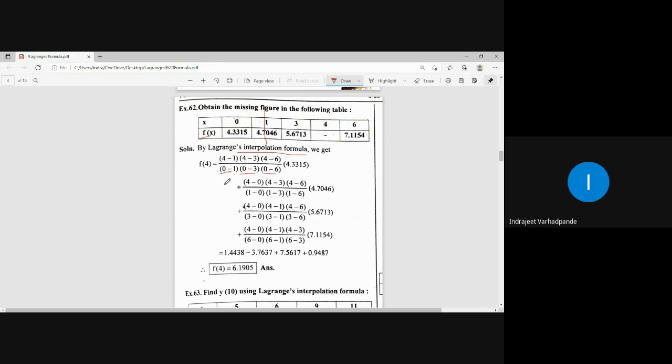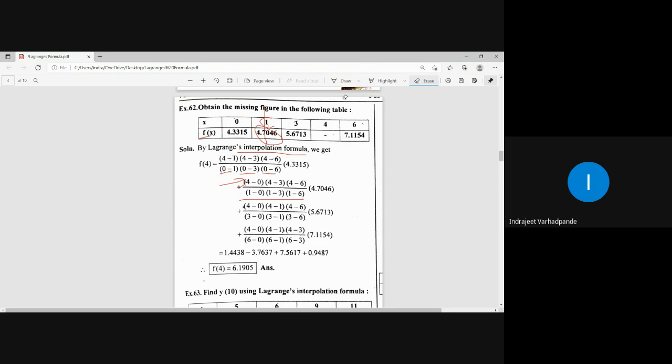You see the numerator as I am speaking, right? It is 4 minus 0, 4 minus 3, 4 minus 6 upon, as it is written for 1, it will be 1 minus 0, 1 minus 3, 1 minus 6. See the denominator, to be multiplied by the functional value 4.7046, plus.